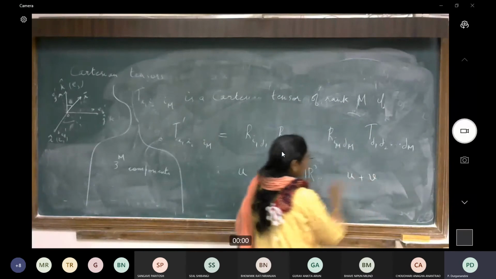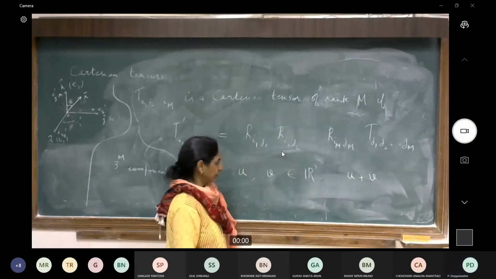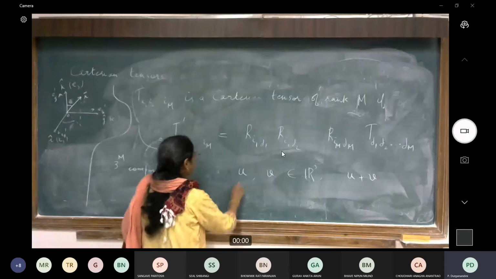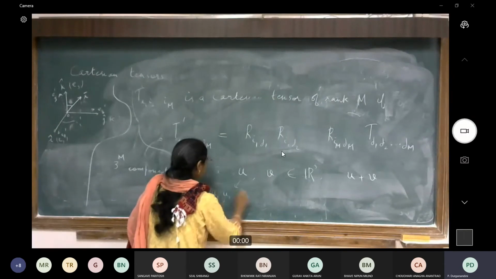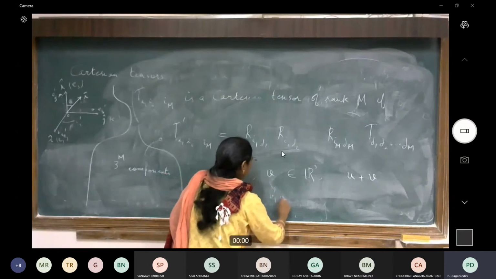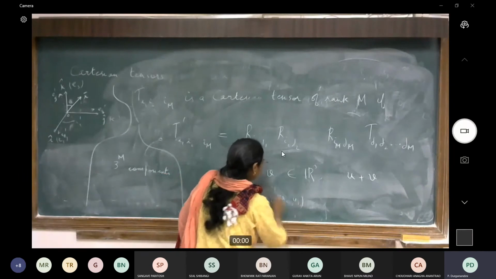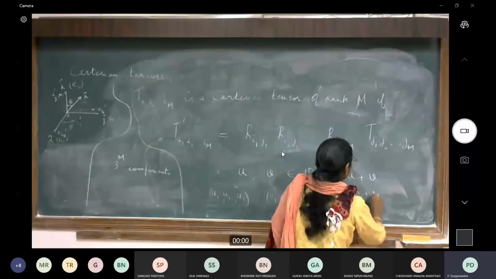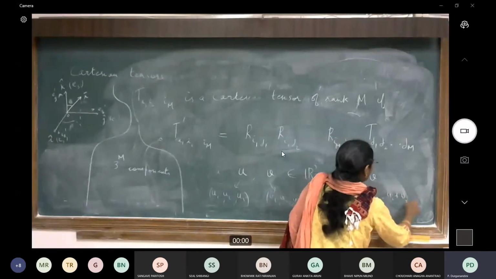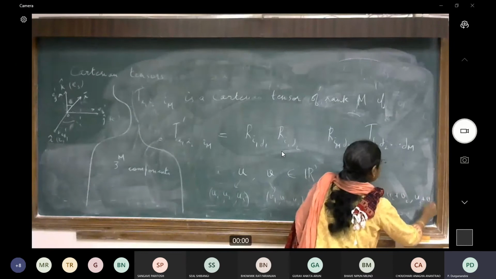So I can consider this vector u plus v. In component form, if I have u1, u2, u3 and, with any basis, v1, v2, v3, then u plus v will be nothing but u1 plus v1, u2 plus v2, and u3 plus v3.